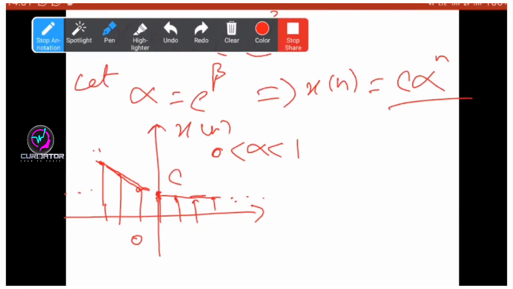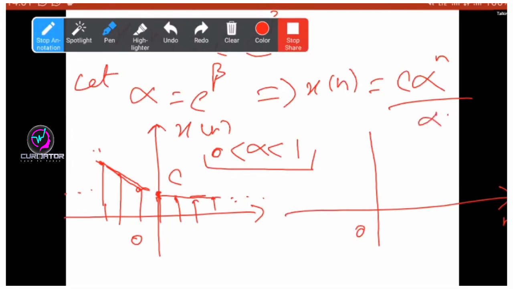This will be a decreasing exponential when alpha's value lies between 0 and 1, and it will be an increasing exponential when alpha's value is greater than 1, like this.